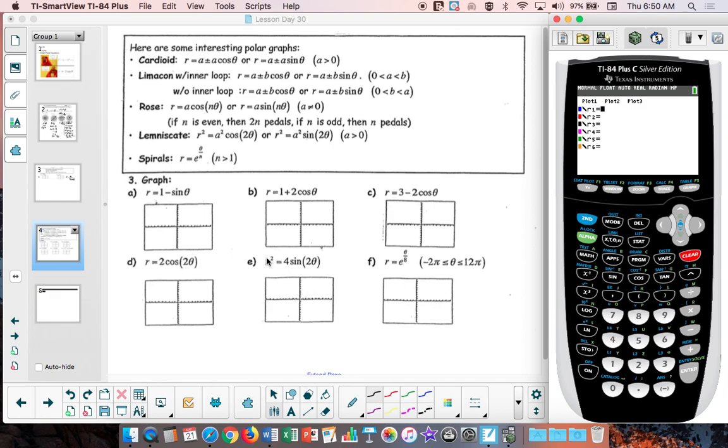So in this case, we have to solve for r, taking the square root, plus or minus. So we're going to have two equations for this one. It's going to be the square root of 4 sine 2 theta. That's number 1. Number 2 is the same thing, but negative.